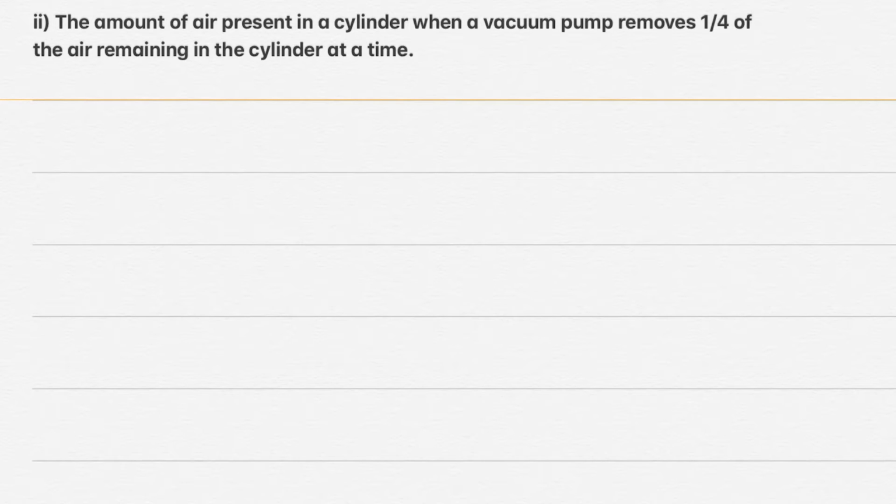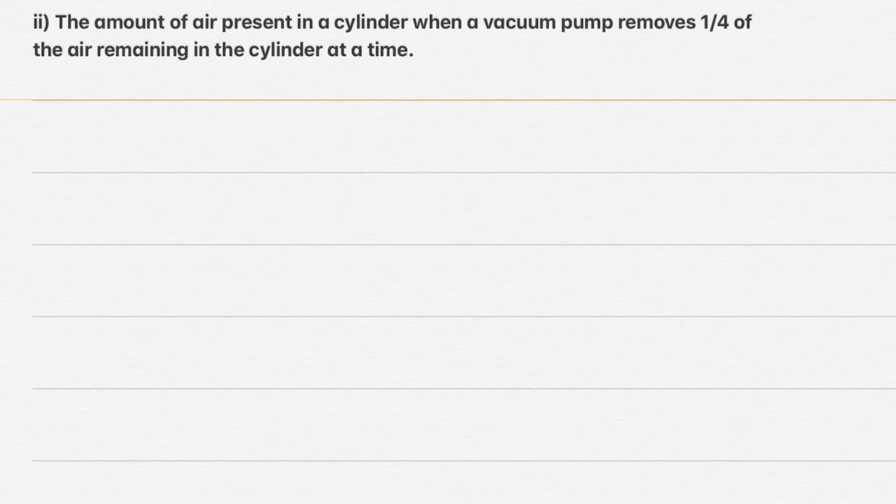Now the second part says the amount of air present in a cylinder when a vacuum pump removes 1/4 of the air remaining in the cylinder at a time. Here we have to take care that it is not removing 1/4 of the total volume every time. It is removing 1/4 of the air which remained in the cylinder.